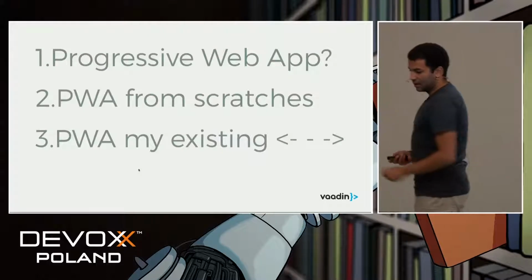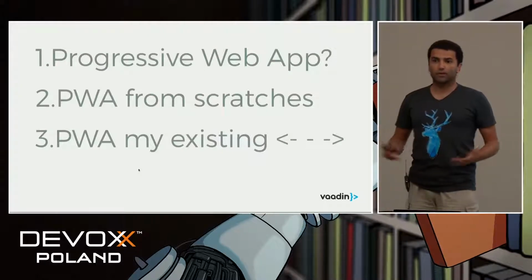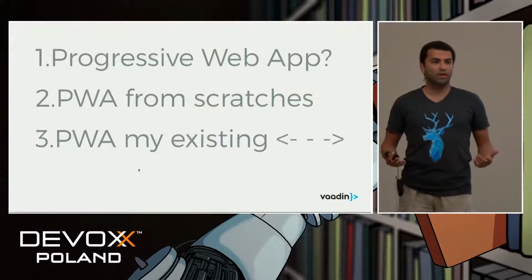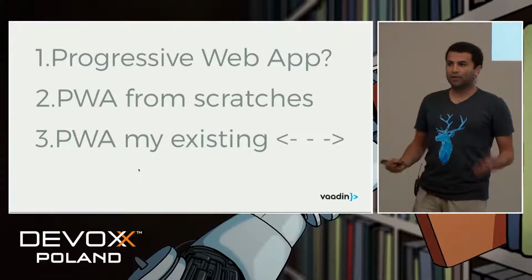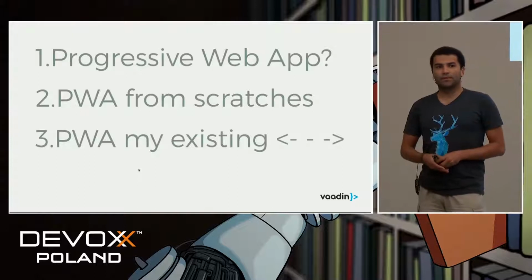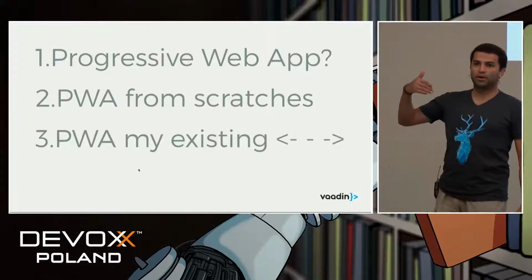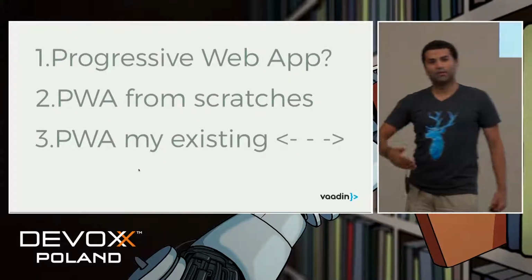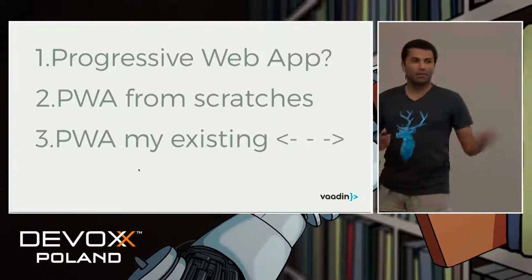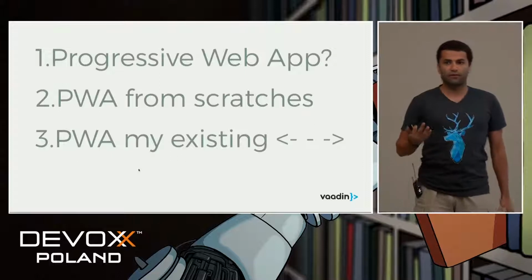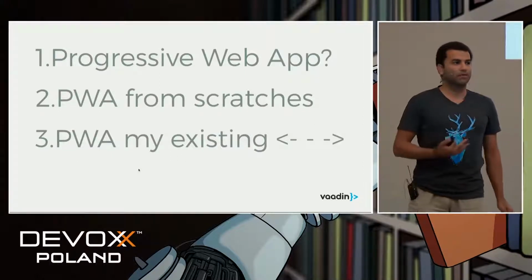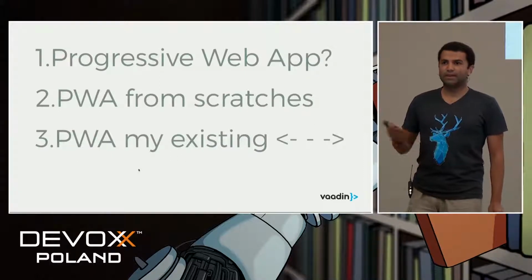I figured out that most developers nowadays, especially experienced ones, already have some kind of application running, and for them progressive web app might be something to be considered for the next project, for my hobby project. My research today is more of, can we actually get a progressive web app inside our existing enterprise level application?